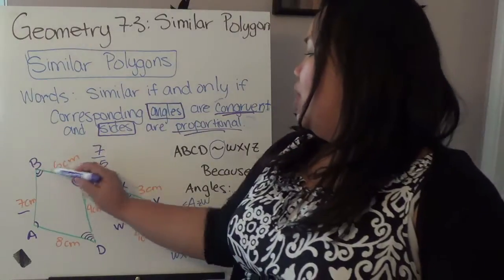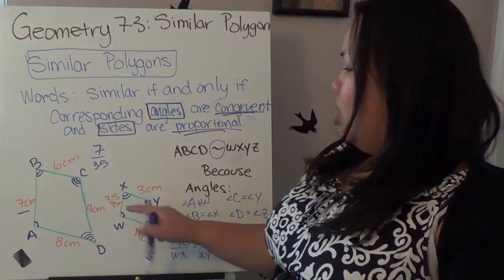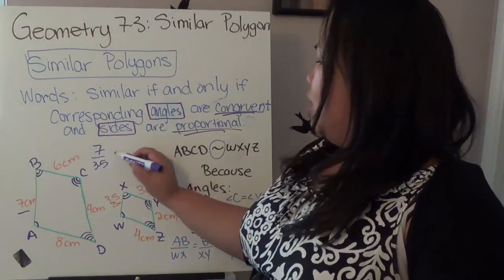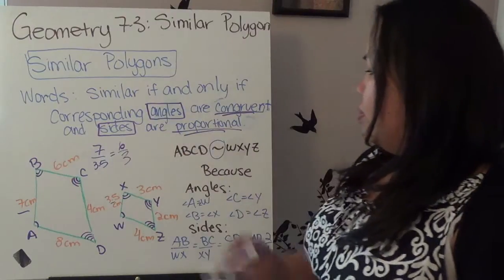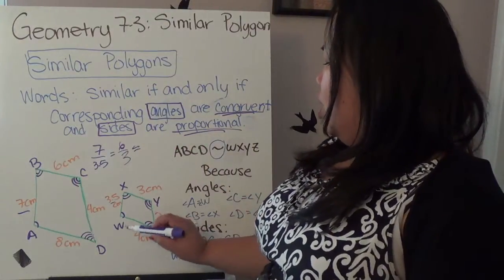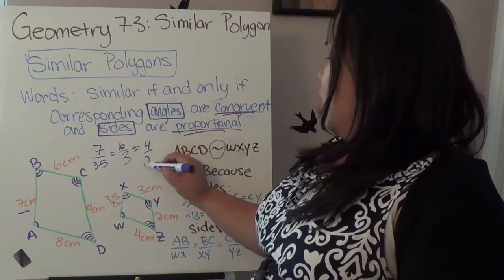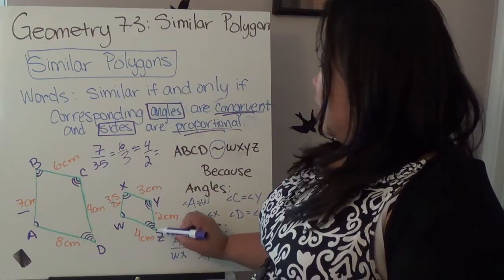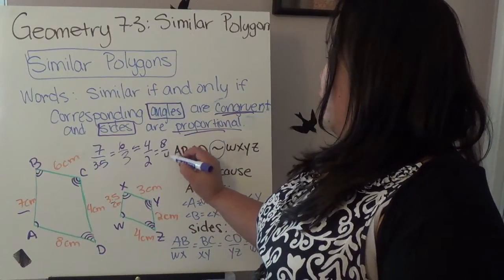BC is 2 to 3, which is XY, so that means it should equal 6 over 3. The next one would be 3 to 4, so 4 over 2. And the last one would be 4 to 1, so 8 over 4.